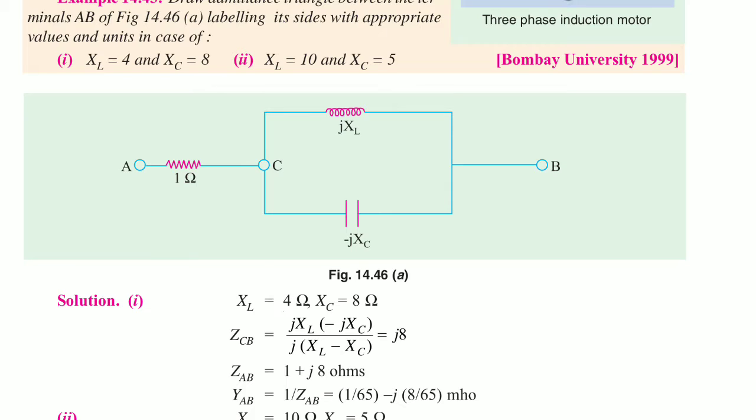Now in the first case XL is equal to 4 ohms and XC is equal to 8 ohms.